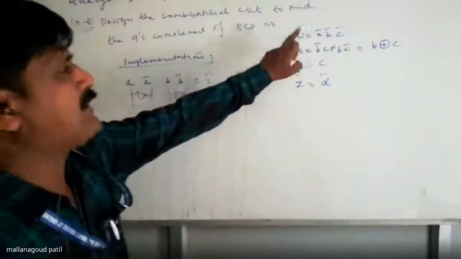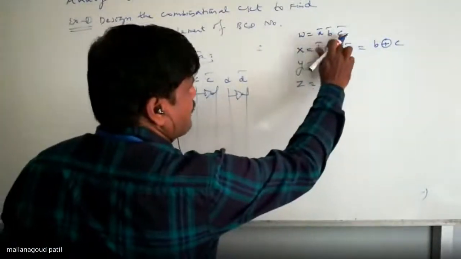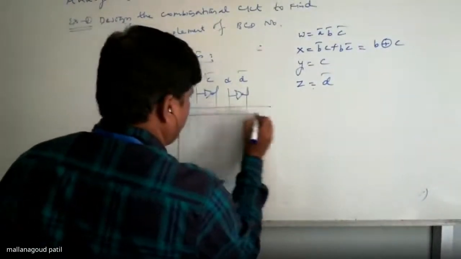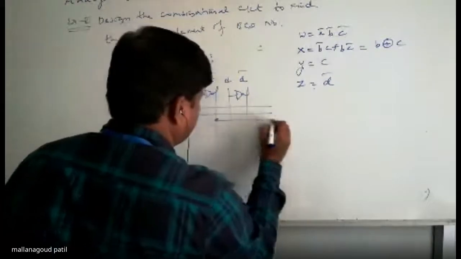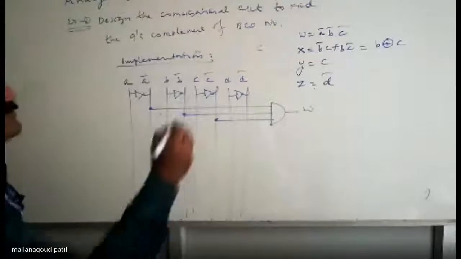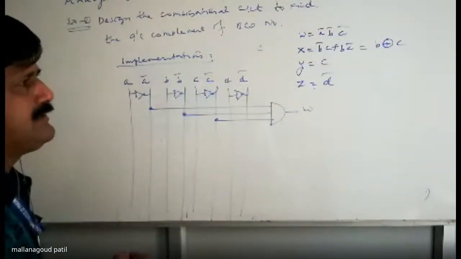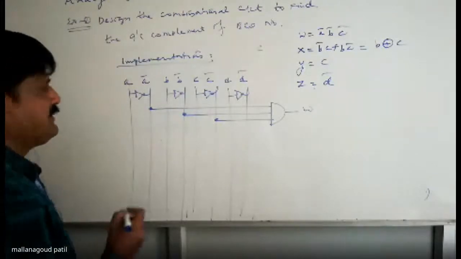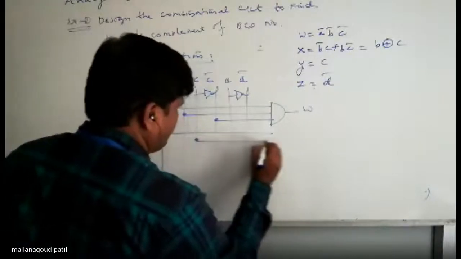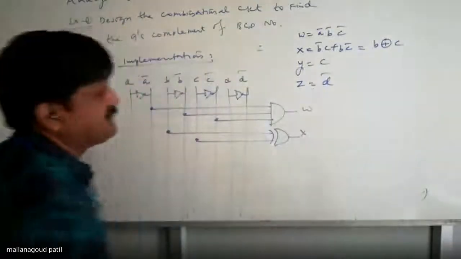Then what do I want? W. W is A bar, B bar, C bar. I can take A bar, B bar, C bar. This is W. X, what is X? X is B XOR C. Then I can take B and C into an XOR gate. This is X.